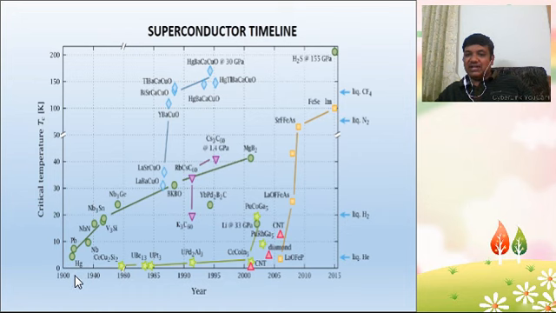mercury in 1911, and these are metals initially. And a crucial thing happening here is lanthanum barium copper oxide by Muller. And very surprisingly, in 1987, another crucial thing, yttrium barium copper oxide, because it can be worked with liquid nitrogen, since liquid helium is very costly. So until 1987 the materials had been used with liquid helium, but after the discovery of yttrium barium copper oxide, it turned to liquid nitrogen, which is cheaper.